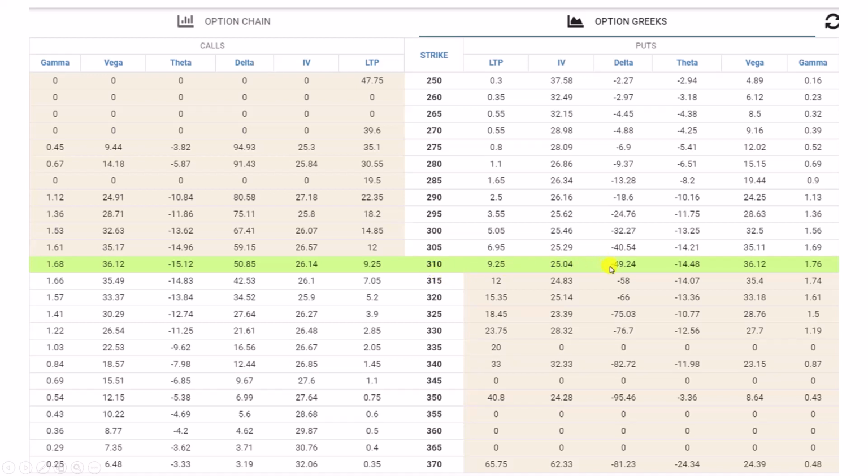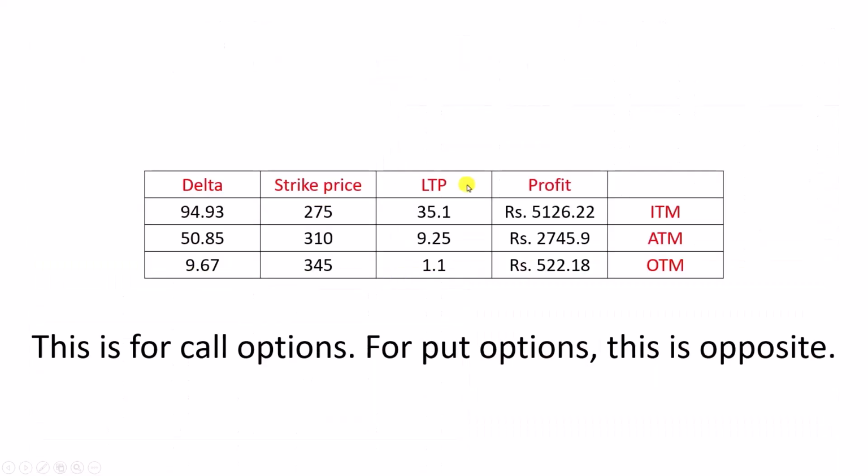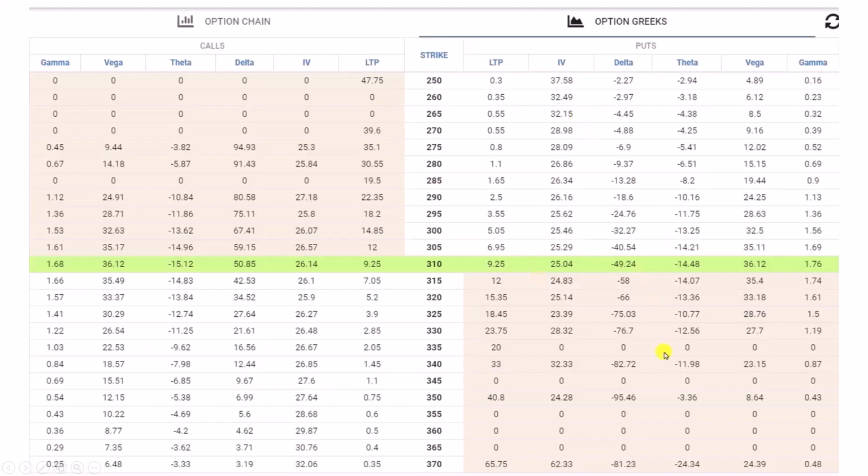The put option value decreases if the price of the underlying increases, correct? That is why they are given in negative values. All right, I hope it is clear. Here they are positive because if the value of the underlying increases, the call option value increases. So I hope it is clear. Exactly the opposite of this calculation is for puts.